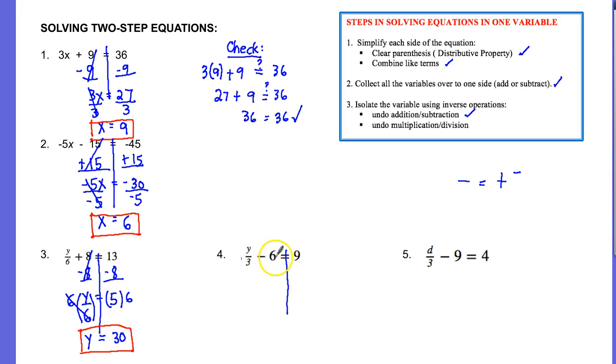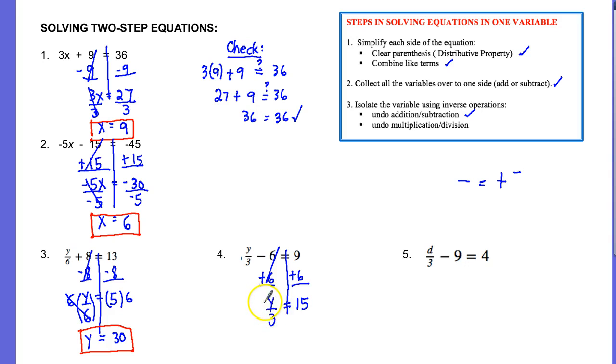Well, if you're subtracting 6, to undo, you will add 6 to both sides. So negative 6 plus 6, no more. You only have y over 3. And then 9 plus 6 is 15.